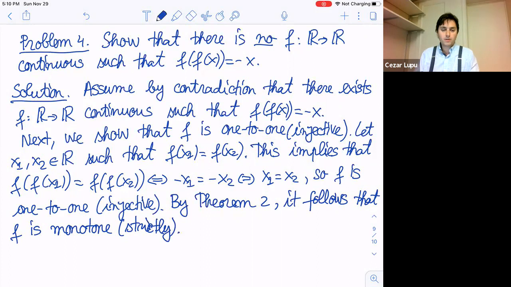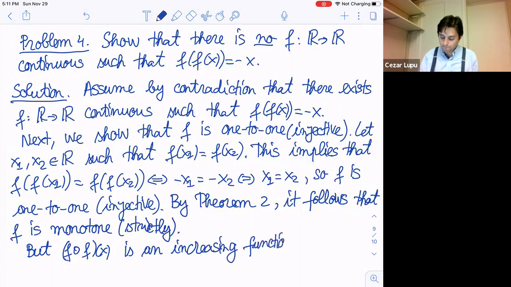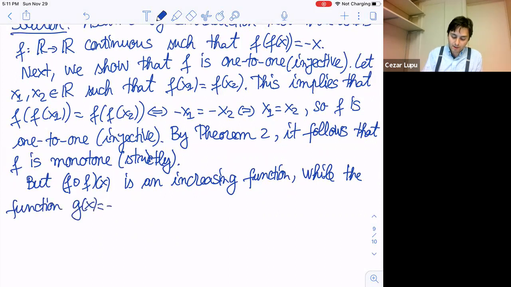Okay, f is monotone, but we know that the composition of f with itself will always be increasing, so f composed with f of x is an increasing function, while the function, let's say g of x equals negative x, is decreasing.